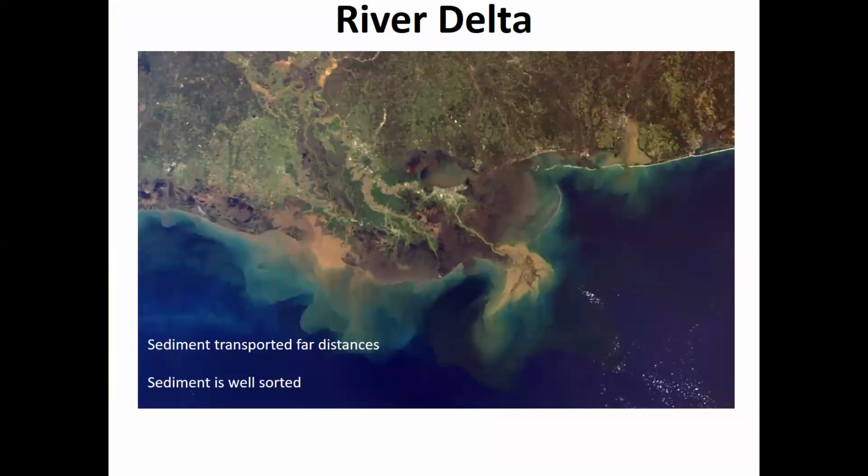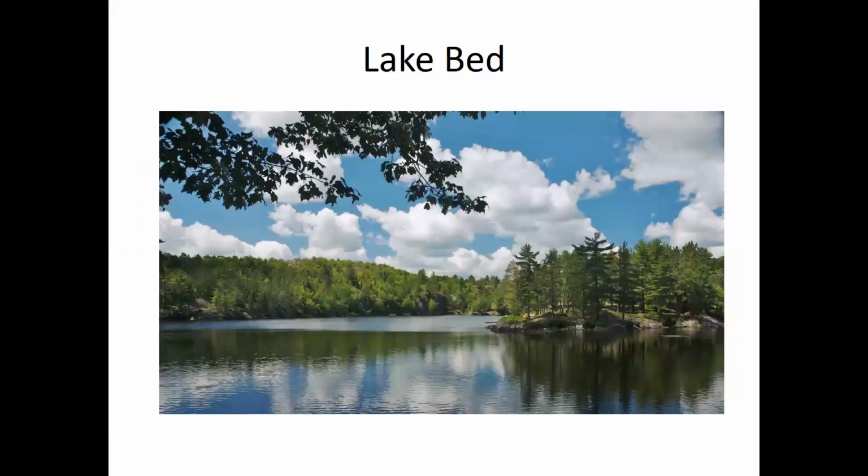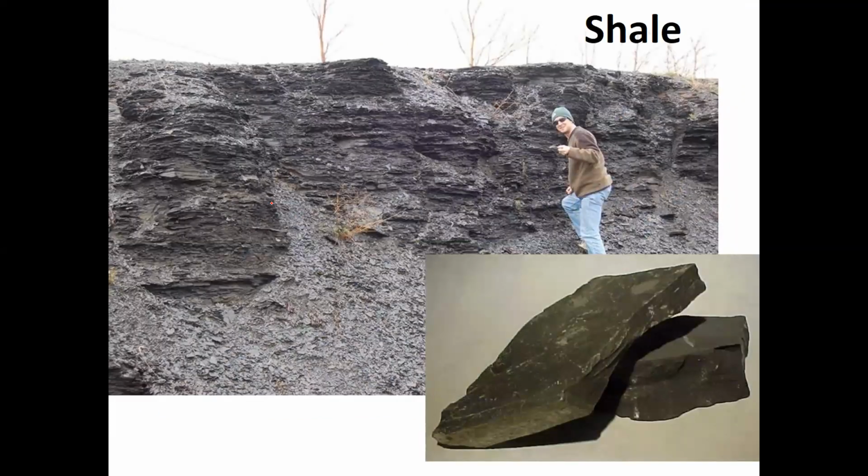A river delta, where often mud is deposited on the seafloor. That mud accumulates over time. And also in lake beds, where you have water that's not moving very fast, mud is deposited at the bottom of a lake bed. And the mud in the river delta or the lake bed lithifies to form shale. So shale is made up of very fine sediment.